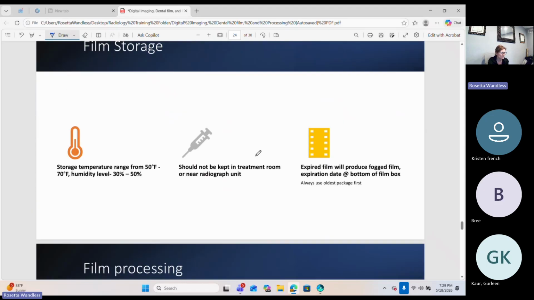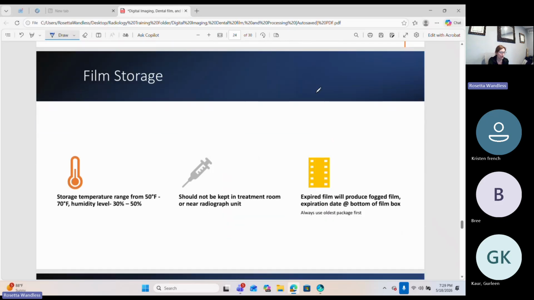Now, last but not least for this evening, and I'm running a few minutes over, but it's okay, is how do we store film? Super important. So one, our storage temperature ranges from 50 degrees to 70 degrees with a humidity between 30 and 50. Well, you're like, but where do we store it? You can store it in a couple of different places. You can store it in a refrigerator because that would hit the mark on any of that.